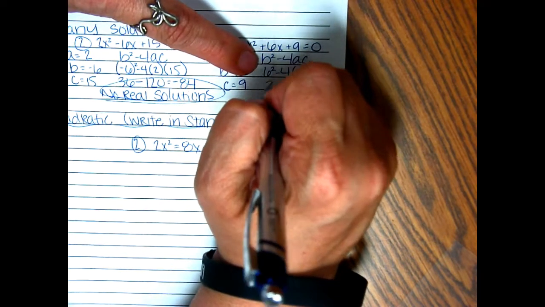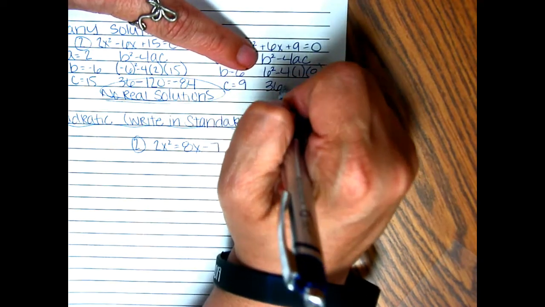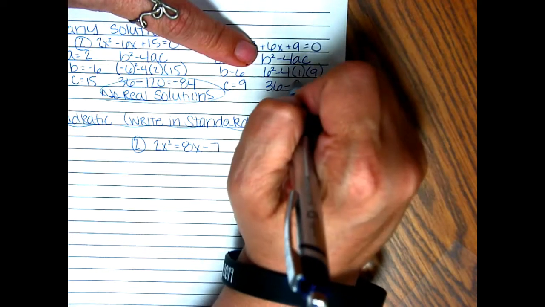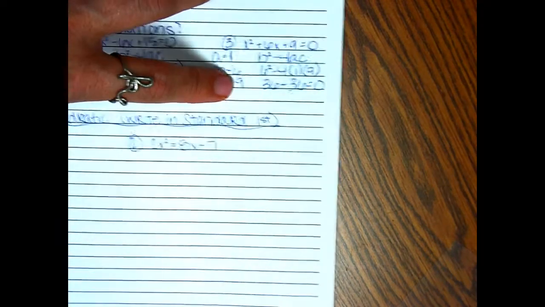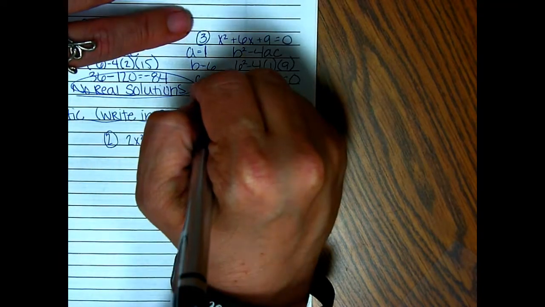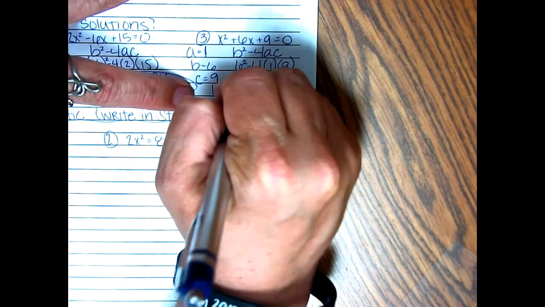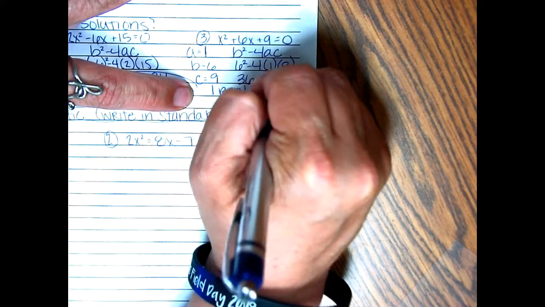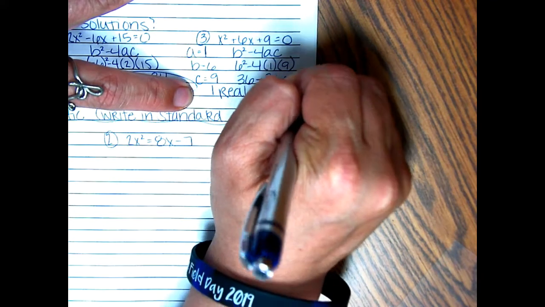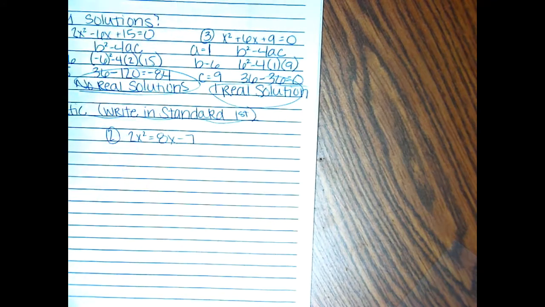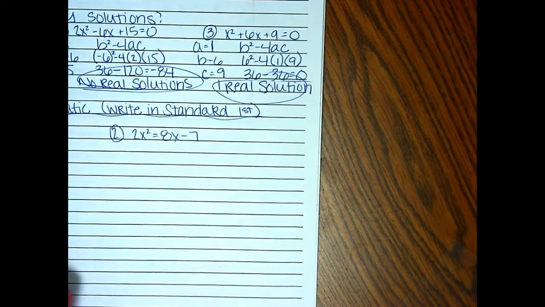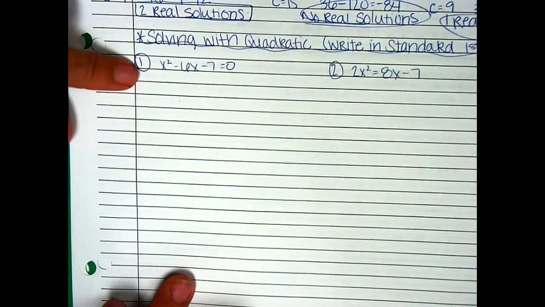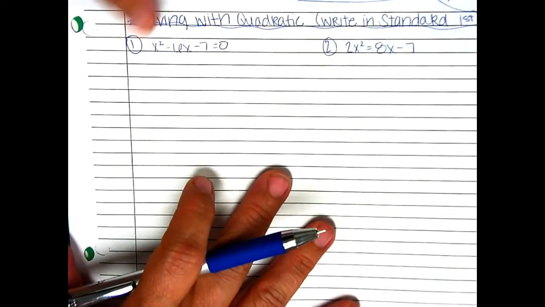So 6 squared is 36, and then minus 4 times 1 is 4 times 9 is 36. So that is 0, and when it's equal to 0, you have one real solution. Okay. So that's helpful in knowing what you're looking for and whether it's solvable or not. Or you're going to have an i in your solution.